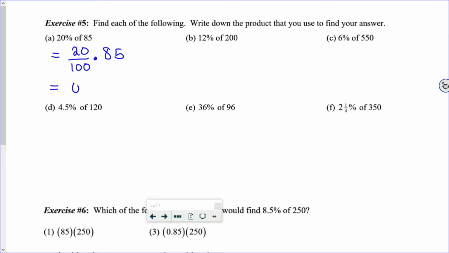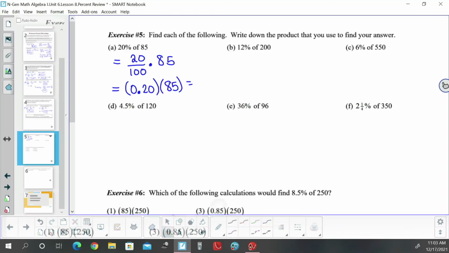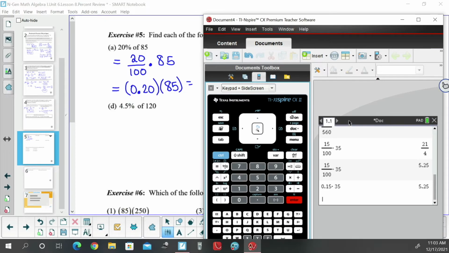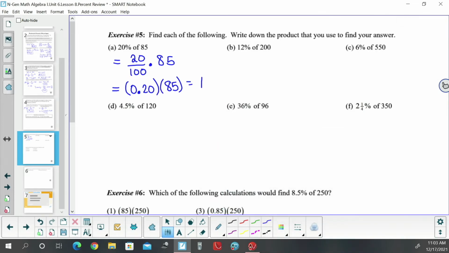But 20 100ths is the same as 0.20, and I want to be able to do that right away. So 0.20, which is the same as 0.2, times 85 gives me 17. 20% of 85 is 17.